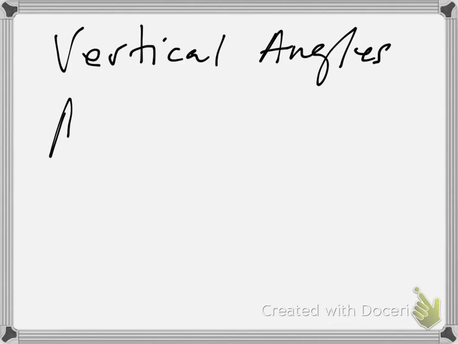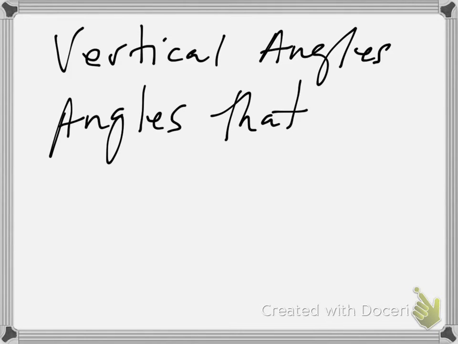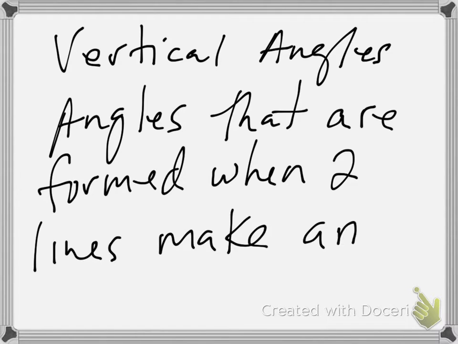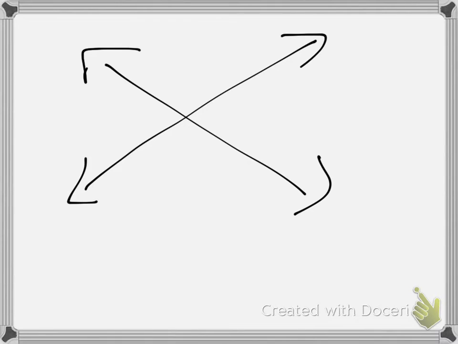Next vocabulary word: vertical angles. Very simply, these are angles that are formed when two lines make an X. Alright, angle 1 and angle 2 are vertical.